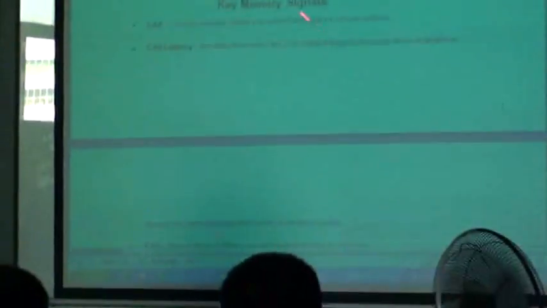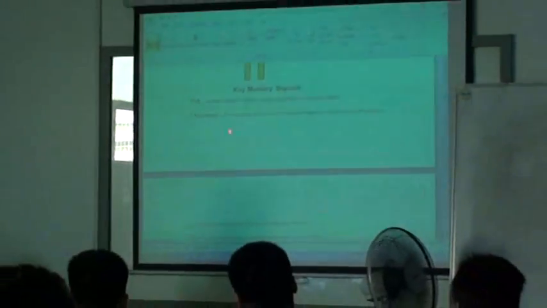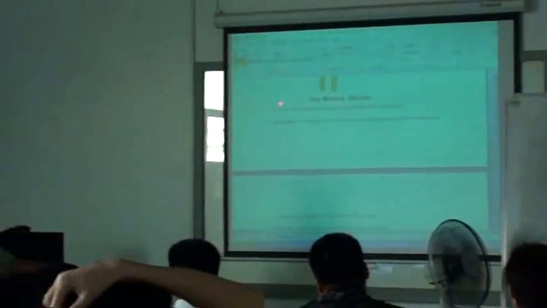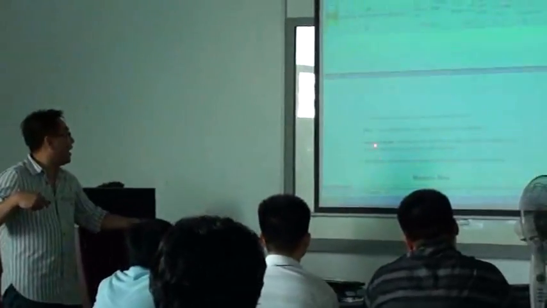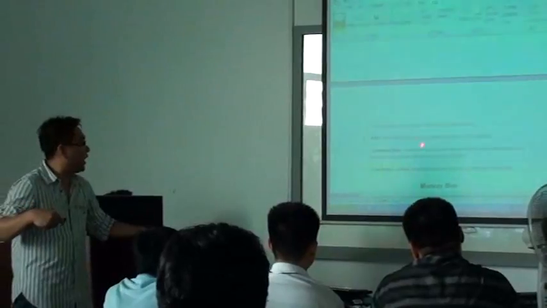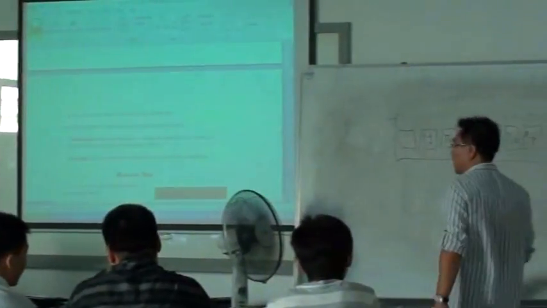Okay. Here are the key memory signals. There are about 4 memory signals: CAS latency, RAS, command rate, and chip select. What does it mean? That is the clock cycle time, right?